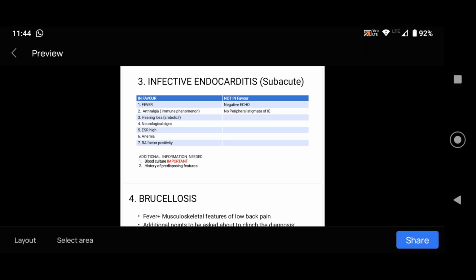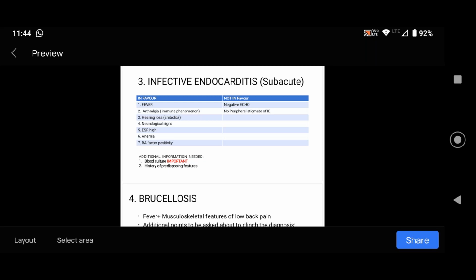And there were no peripheral stigmata of infective endocarditis, like any of the Janeway lesions, the Osler nodes, neither did we have any of the eye signs like Roth spots or even conjunctival hemorrhage. So that just put us kind of on a back foot for infective endocarditis. And one thing that we needed for a major criteria was a blood culture.